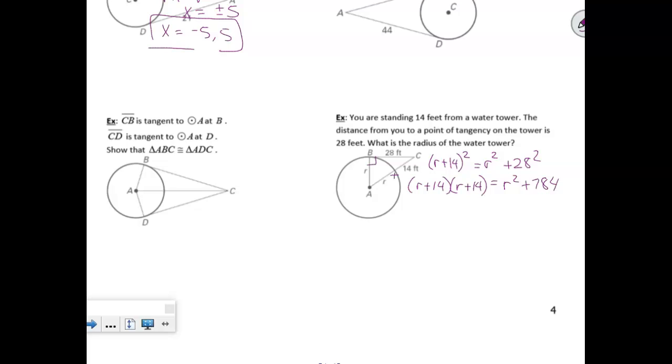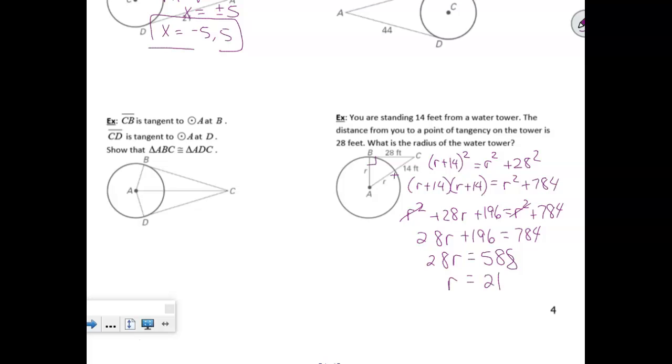Doing FOIL, we end up with r squared plus 28r plus 196 equals r squared plus 784. We have an r squared on both sides, so those are going to cancel out, leaving 28r plus 196 equals 784. 28r equals 588. And dividing by 28, we get r equals 21. So the radius is going to be 21 feet.